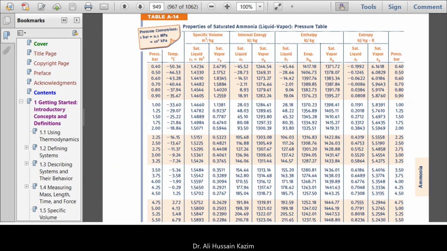If we use VF and VG, we can find the quality, and the quality comes out to be 0.5925.